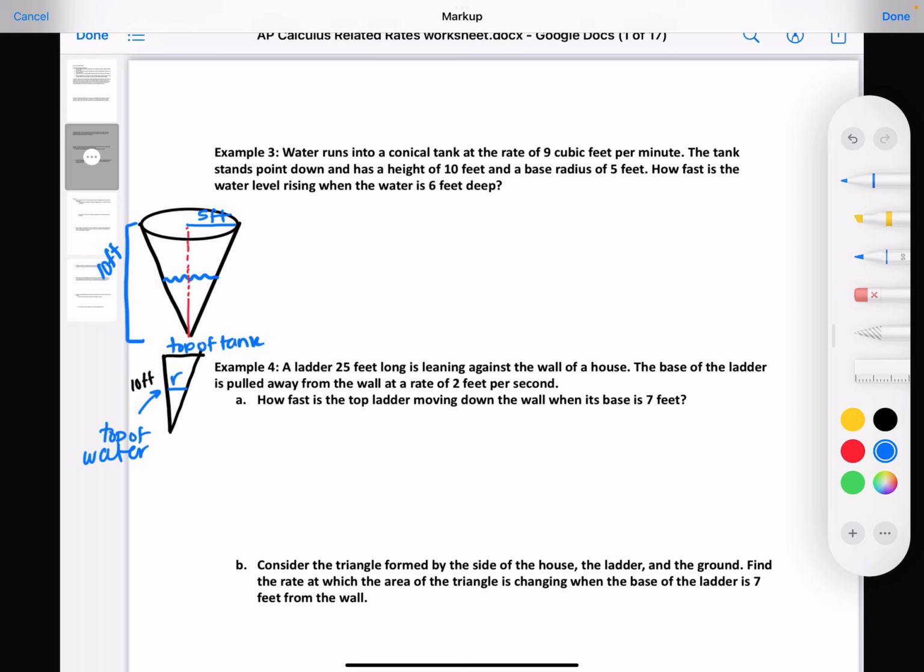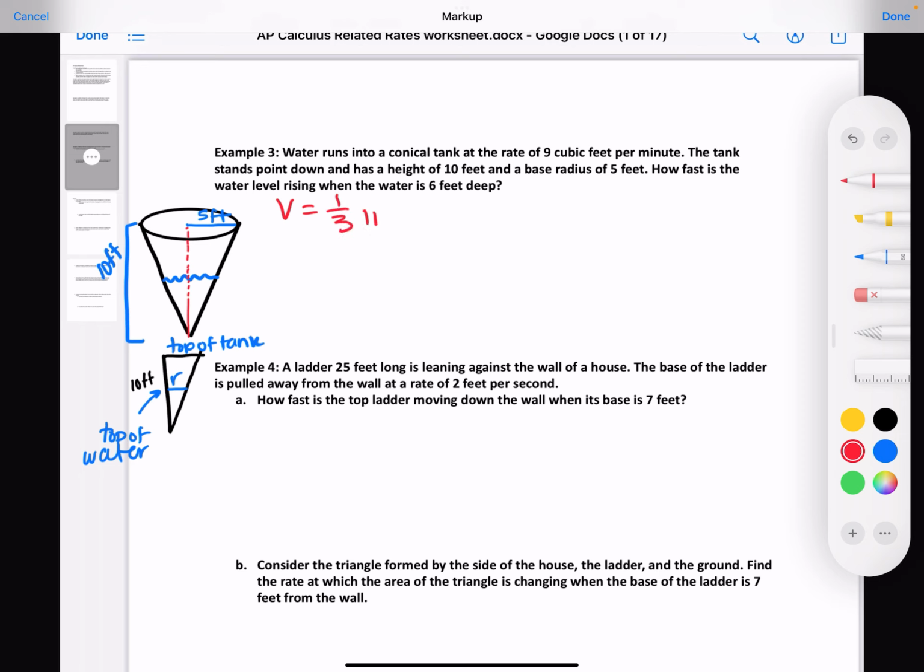Then we'll be using the volume of a conical tank. I'm guessing you probably don't know it. No, I used to. It's like half of my legs. You're actually really close.